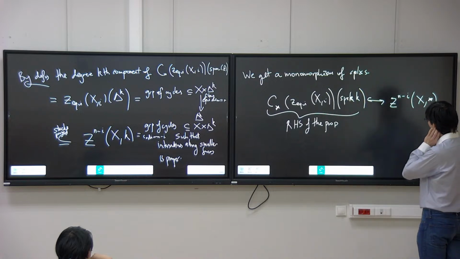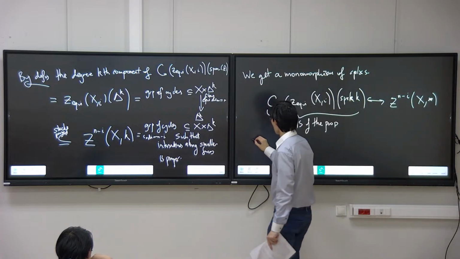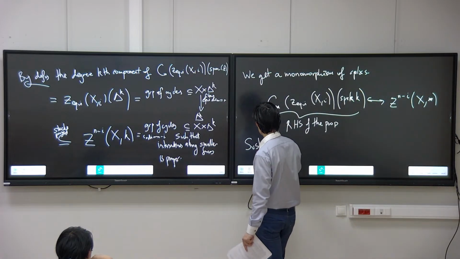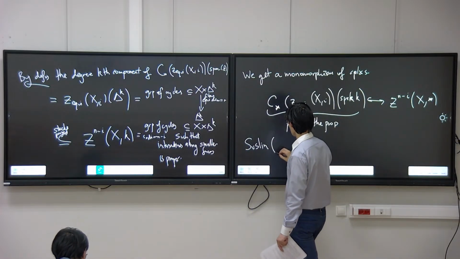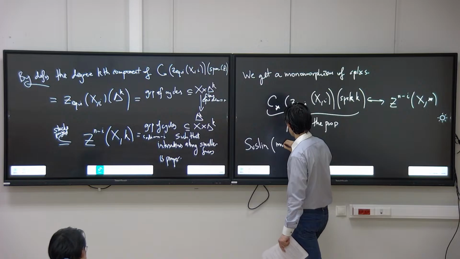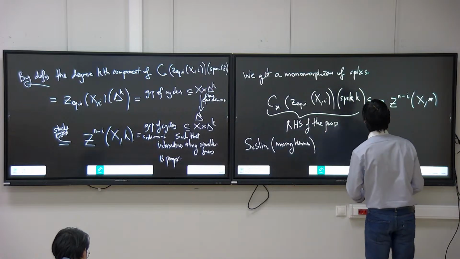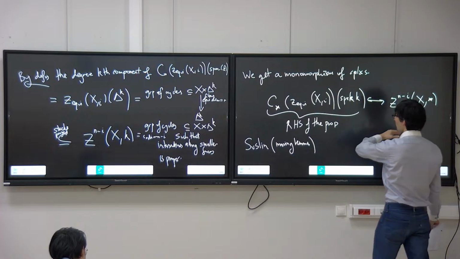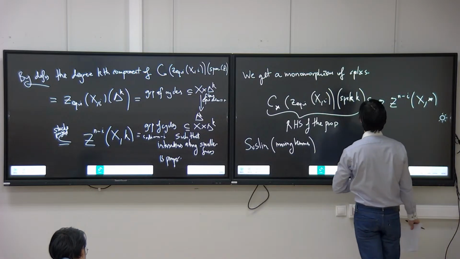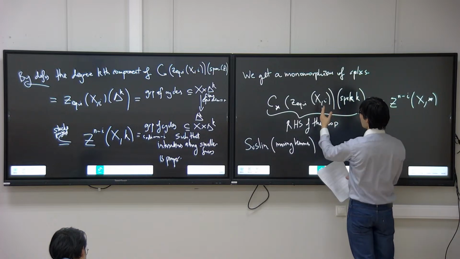And then there was work of Suslin, which introduced their own version of some moving lemma. So somehow they moved cycles which had proper intersection to things which were cut out by equidimensional things.